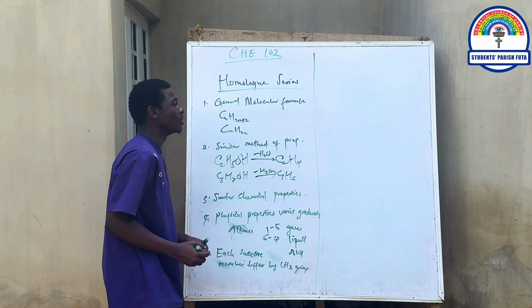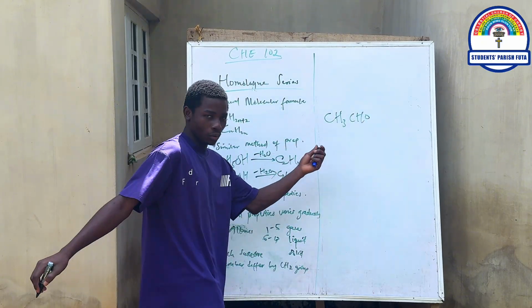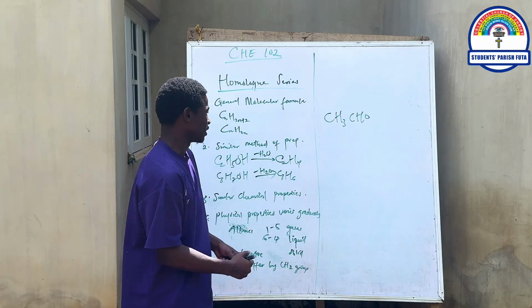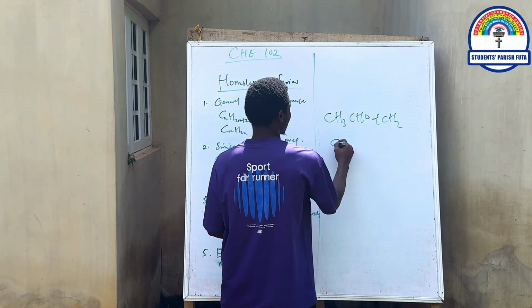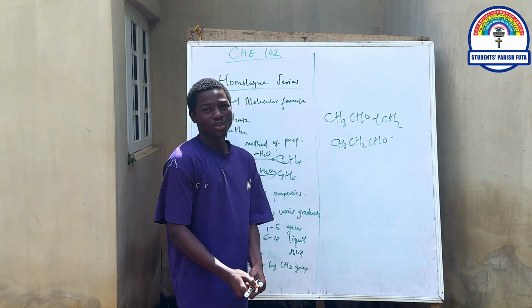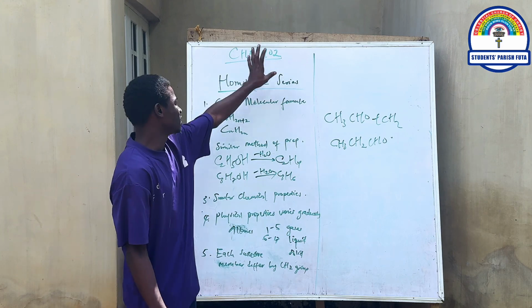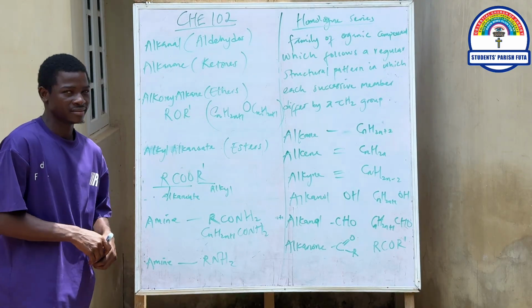So even if you don't know, let's assume this is a compound you don't even know, but this is ethanol. If they ask you what will be the next member after ethanol, if you don't know anything at all, just add CH2 to it. Then you have CH3, CH2, CH2. Then this is propanol. So you can tell the 10th member, just keep adding CH2. So these are the things homologous series provides. Now let's go to naming.